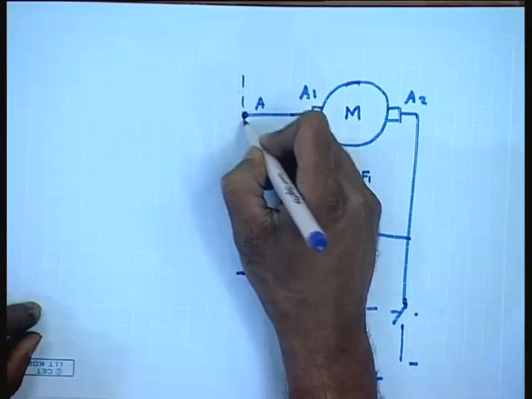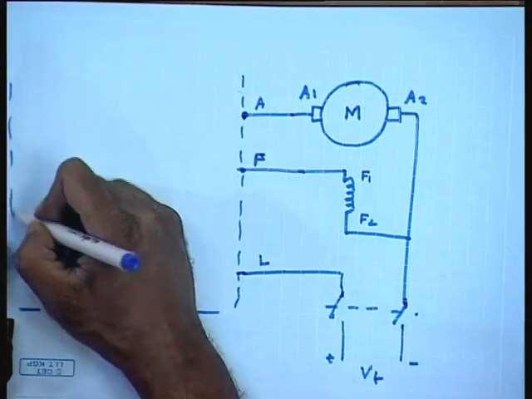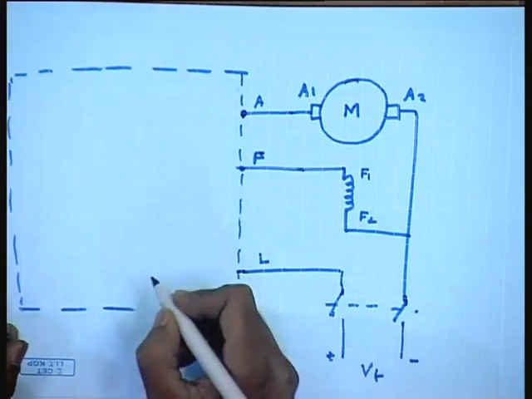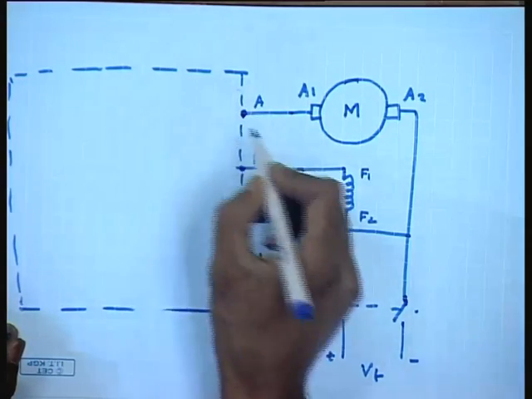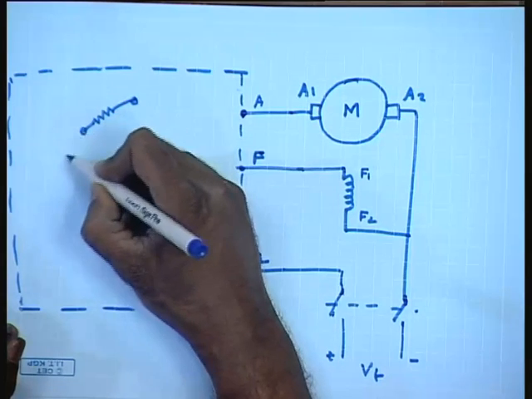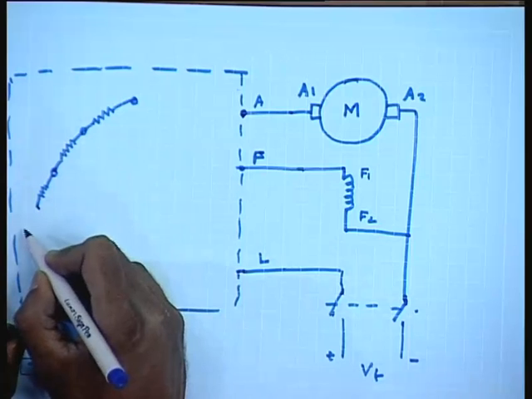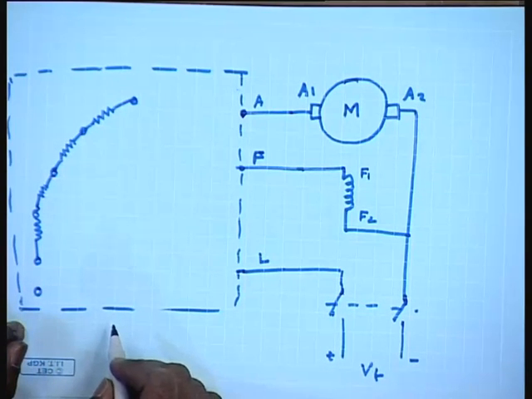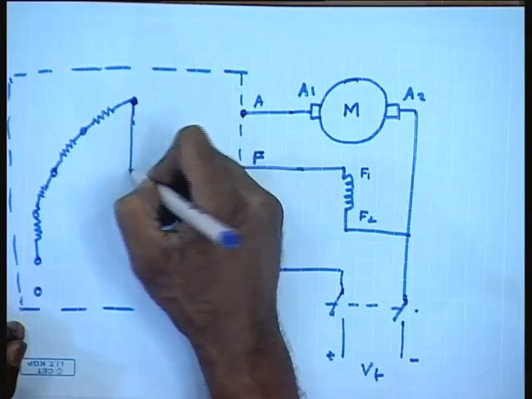So, what are the things in the starter? The starter consists of several sections of resistance, and a conducting arm and a handle to connect them.